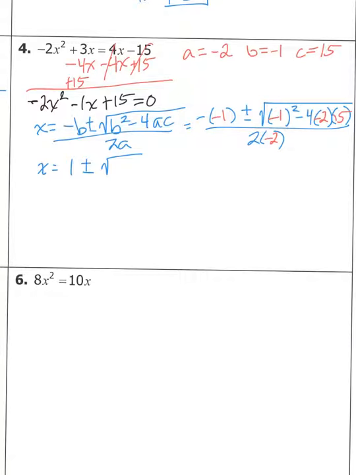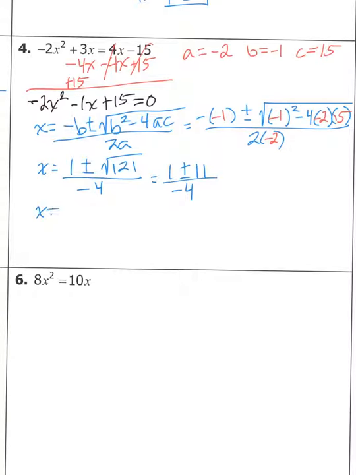So when you do that, hopefully you got 121 underneath the radical, all over -2 times +2 is -4. 121 is a perfect square, so 1 plus or minus 11 is the square root of 121 over -4.